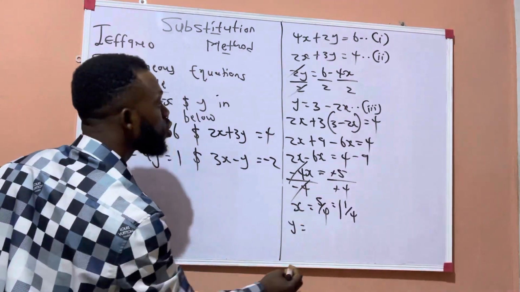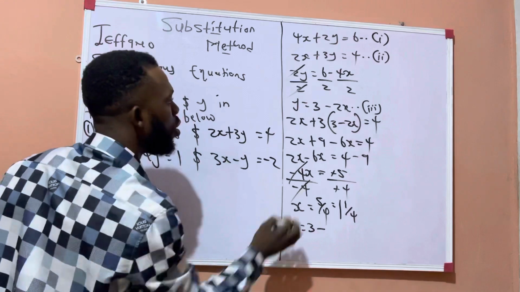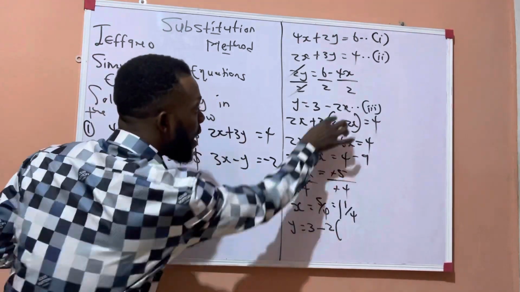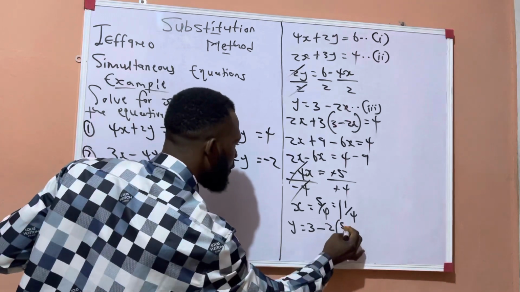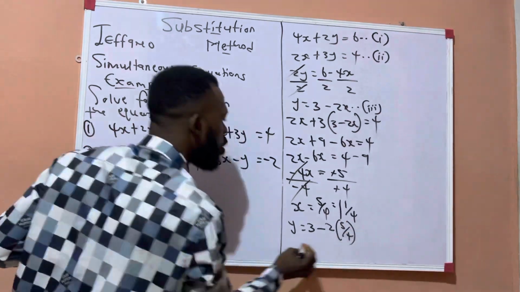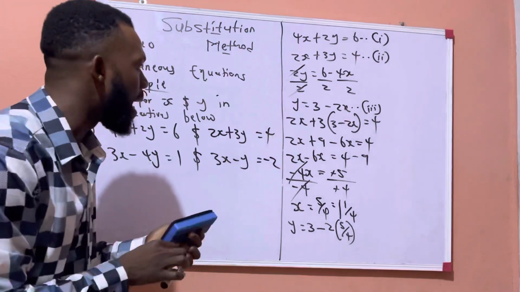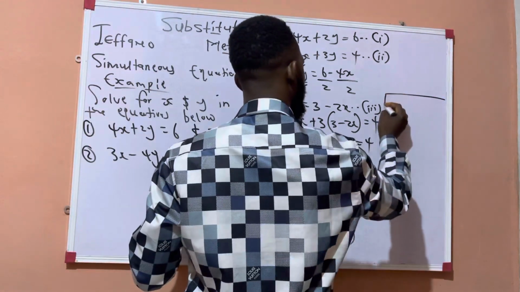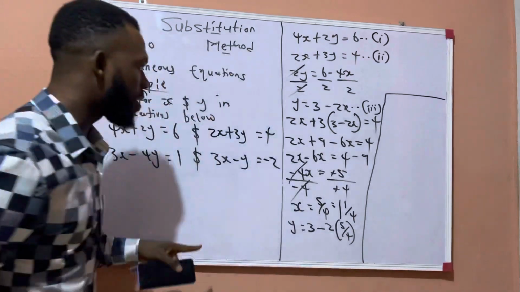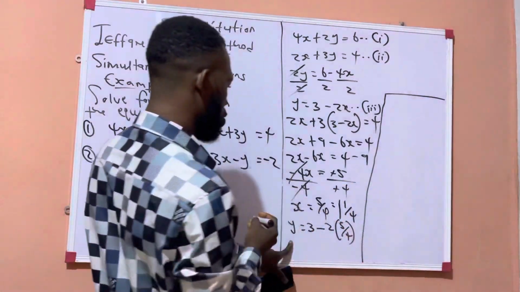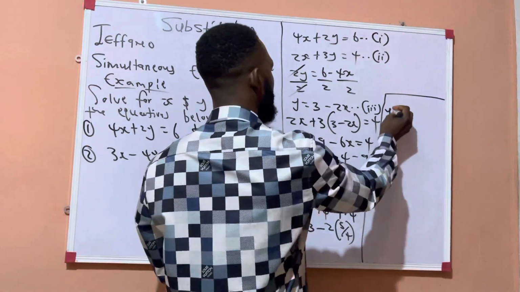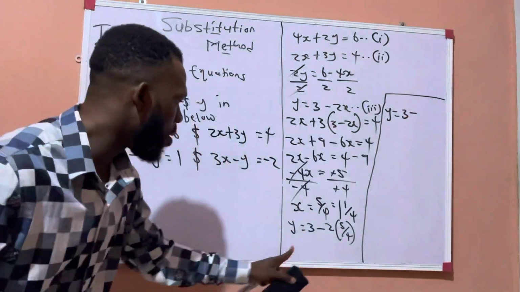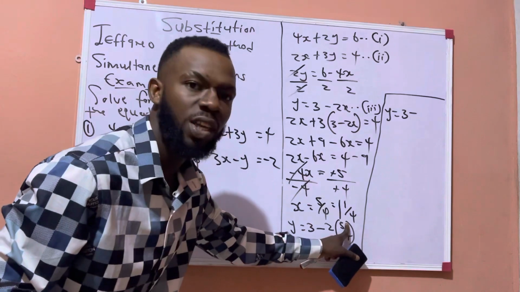y is equal to 3 minus 2 bracket. Now, x now is 5 over 4. Close my bracket. Now, without wasting time, we are going to get something like this. y is equal to 3 minus, now 2 times 5 is 10.